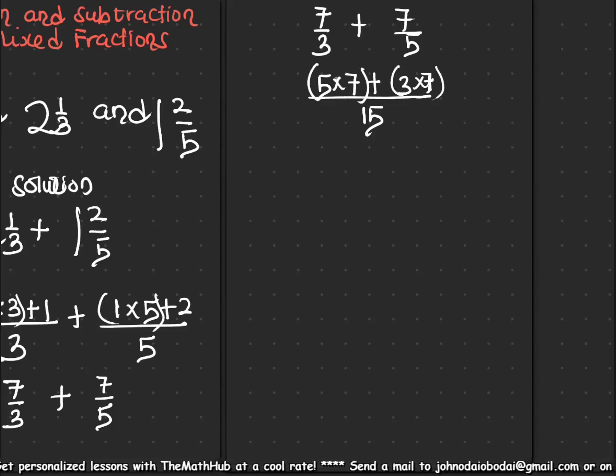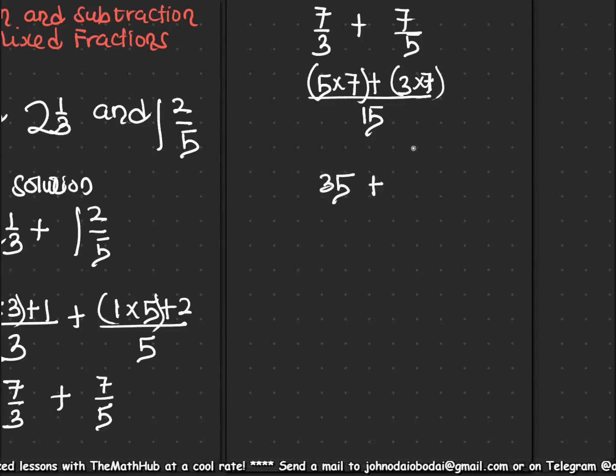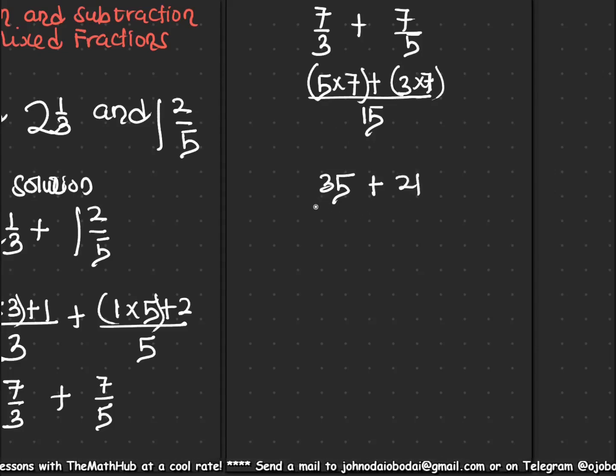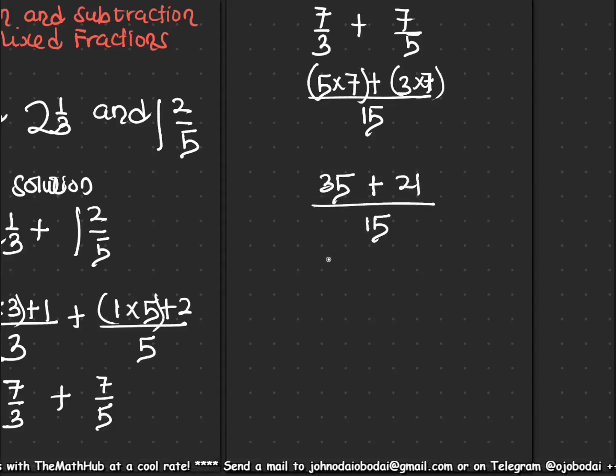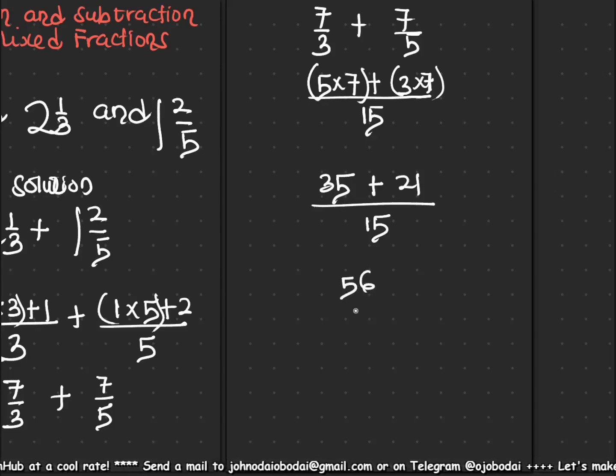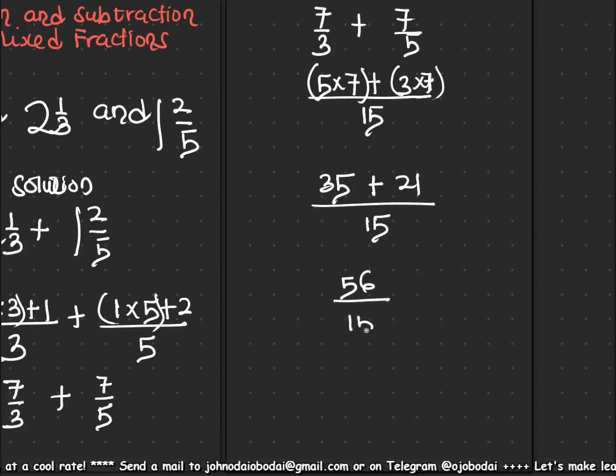And 5 times 7 gives us 35, plus 3 times 7, which gives us 21, all over 15. So 35 plus 21, we have 56 over 15. So this here is our resulting answer.